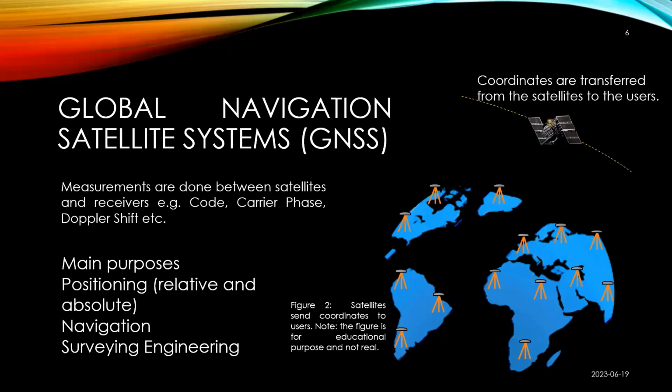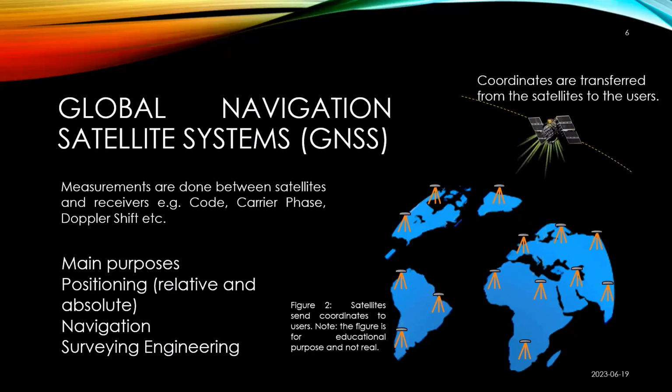In that way, it is like you are interpolating the position. You give the coordinates to the satellites, and the satellites move and distribute the coordinates to the users. Based on measurements between satellites and receiver, of course, you transfer the coordinates from the satellites, which are known points, to the unknown points on the ground.